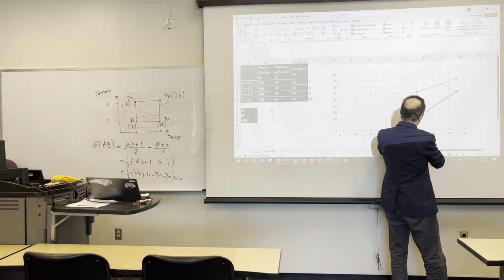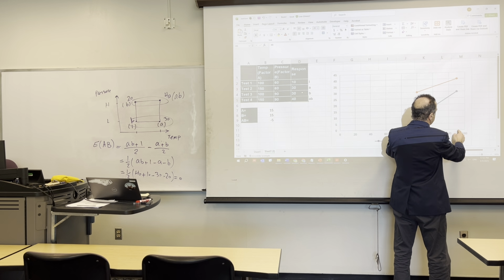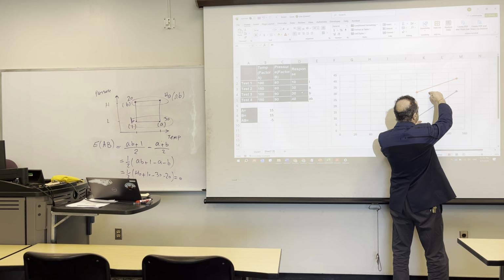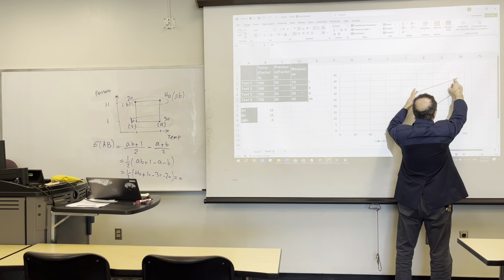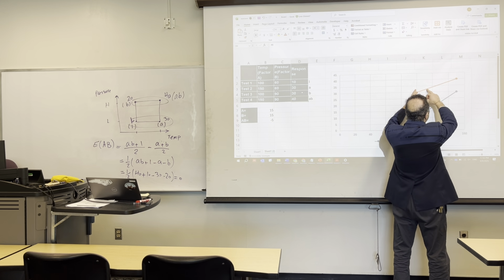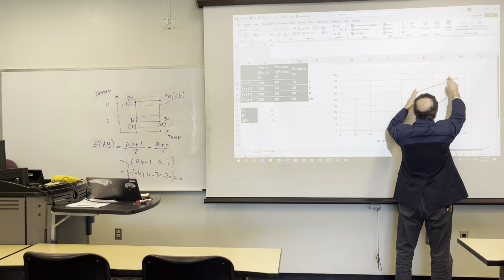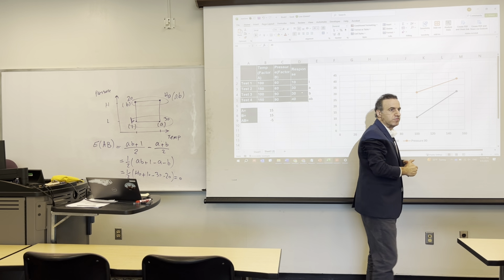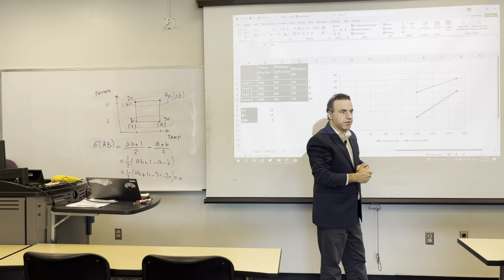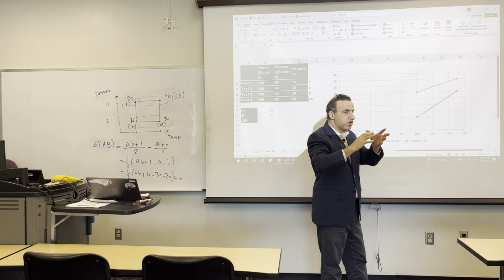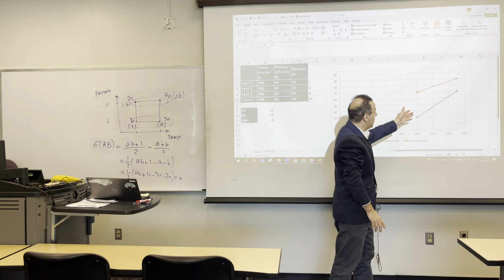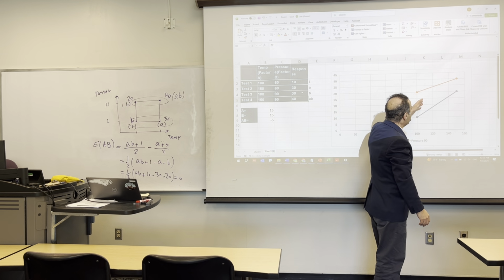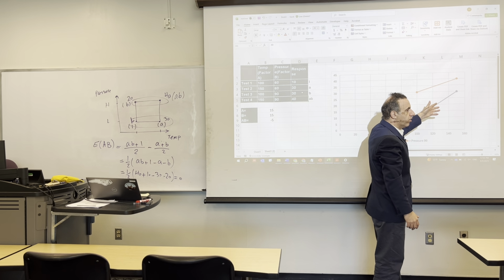And you change from 100 to 150, you get this much increase, right? But if you are in the different pressure, pressure 90, and you change the temperature, you get this much. So it means there is interaction between pressure and temperature. They are not independent.